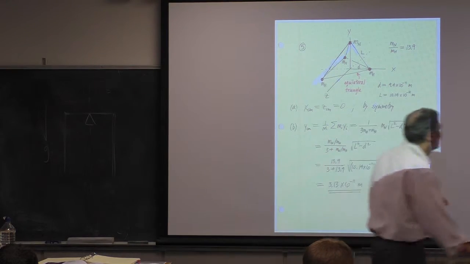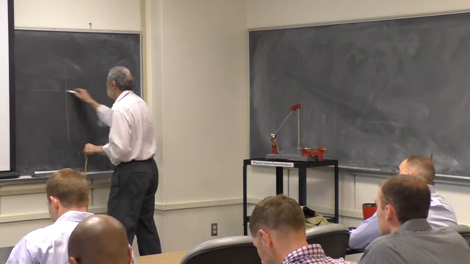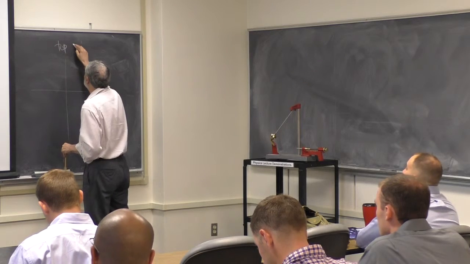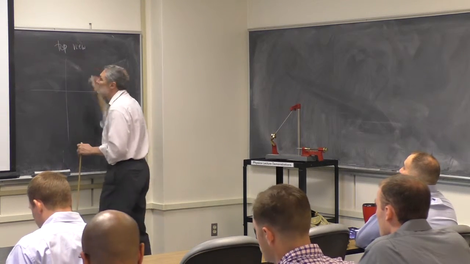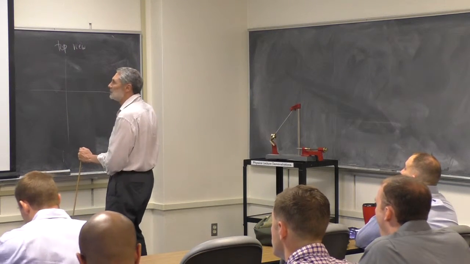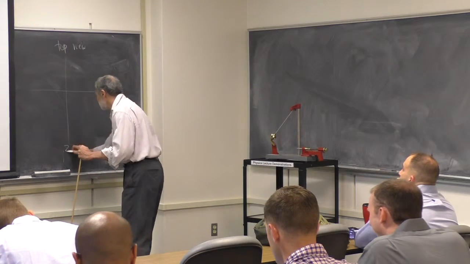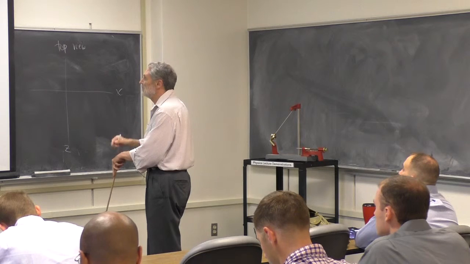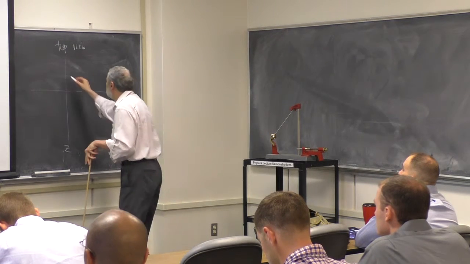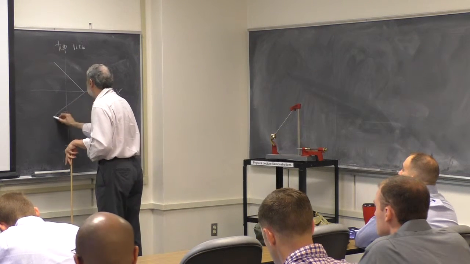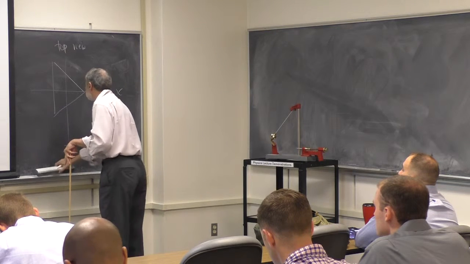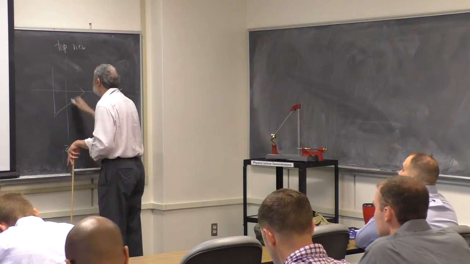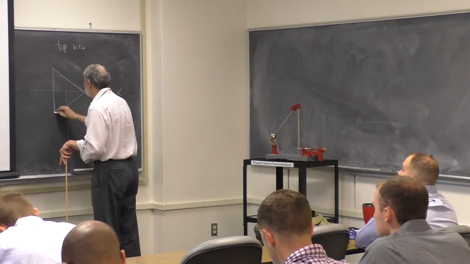So in other words, if we look at the top view here, where this is the x-axis, if I look down in the negative y direction, what I'm going to see here is, I just can't do it, can I? I'm going to see an equilateral triangle here.